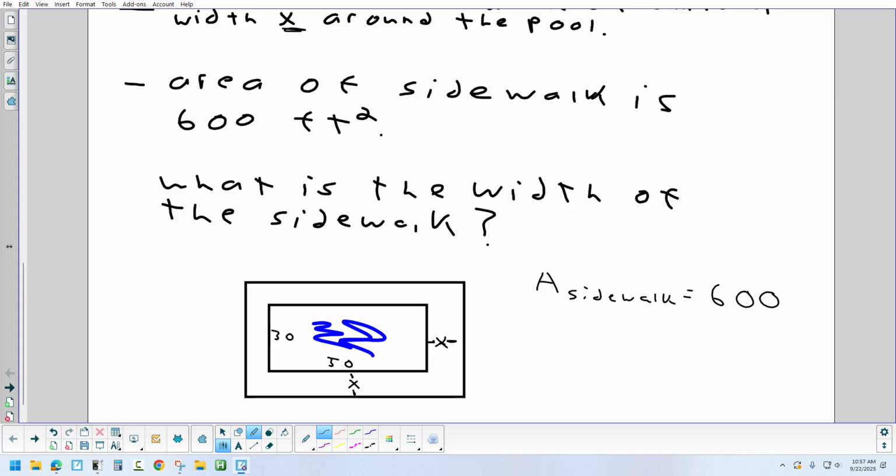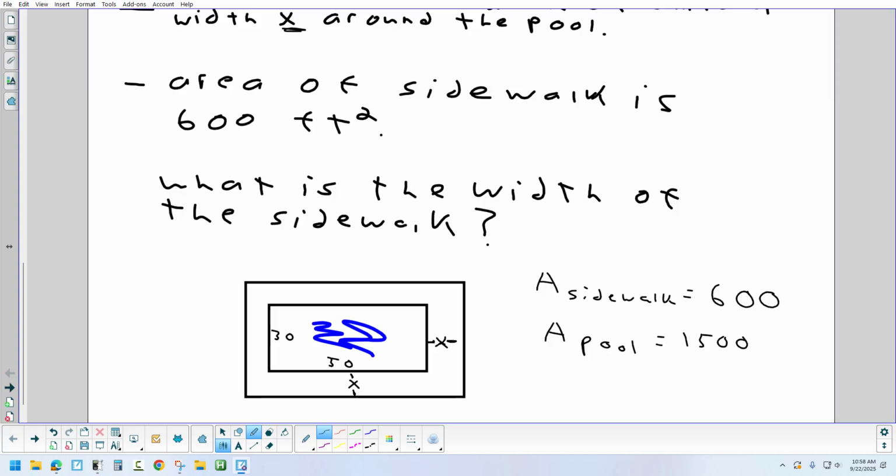What else could I find here? Pretty easily. I mean, the width of the sidewalk, we have to find that, but that's more work. This is easy to find. Yep. Area of the pool. Yeah, we could do the area of the pool, which is how much? 150 square feet? 1,000? Oh, wait. Yeah, 1,500.